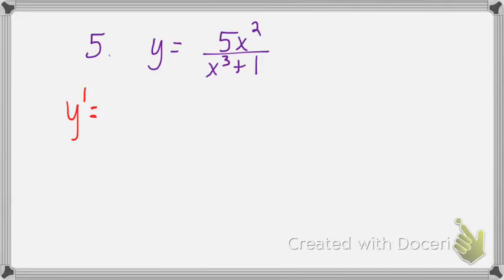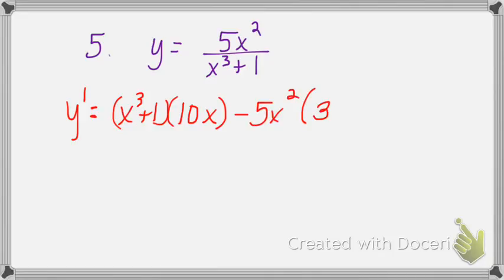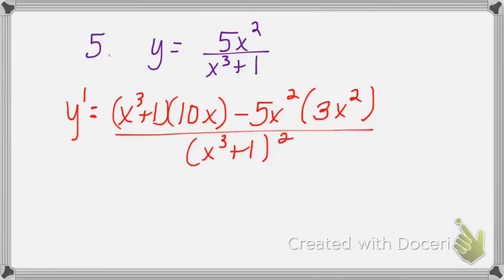I know it's a quotient because things are divided. So bottom times the derivative of the top minus the top times the derivative of the bottom over the bottom squared. Alright, I could factor out something on top.